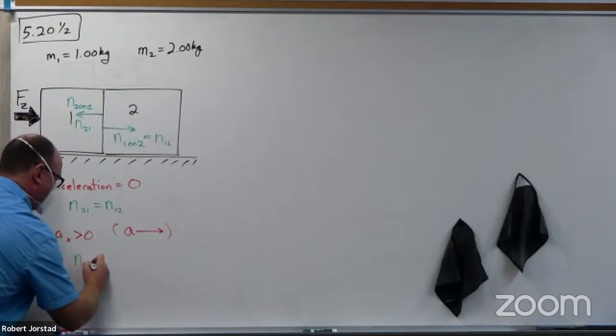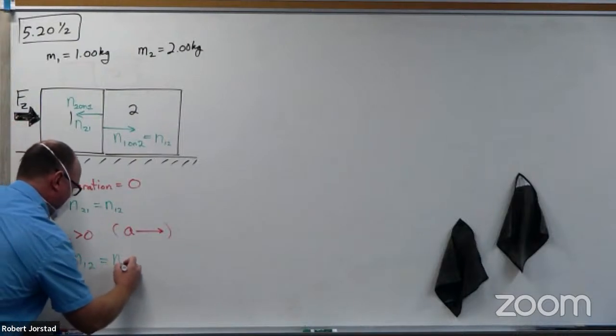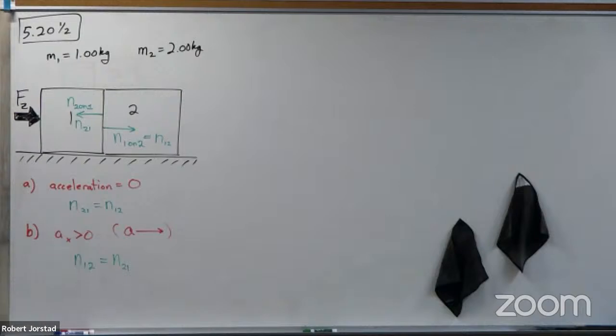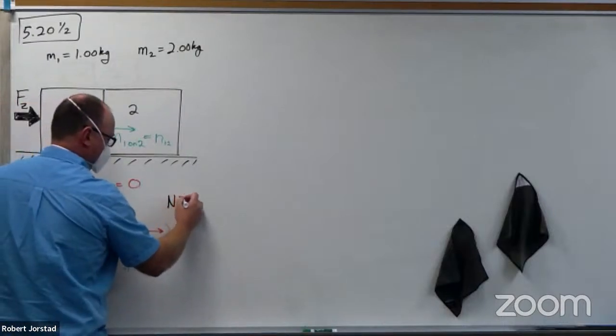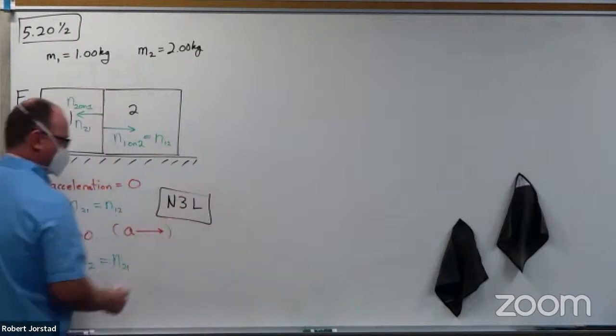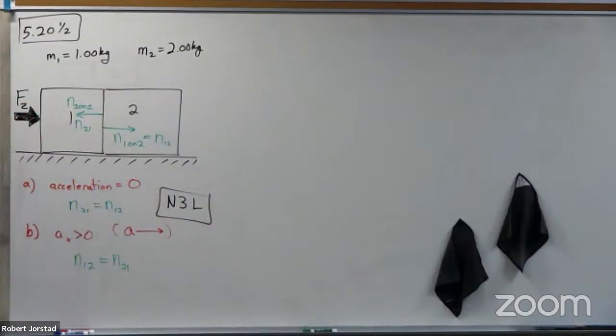They're the same whether you're accelerating or not. That was the point of this. I just want you to believe this, and we saw it works, nothing crazy there. This is all based off Newton's third law, N3L. Everybody okay with that? That's just straight up Newton's third law. You have two blocks in direct contact.